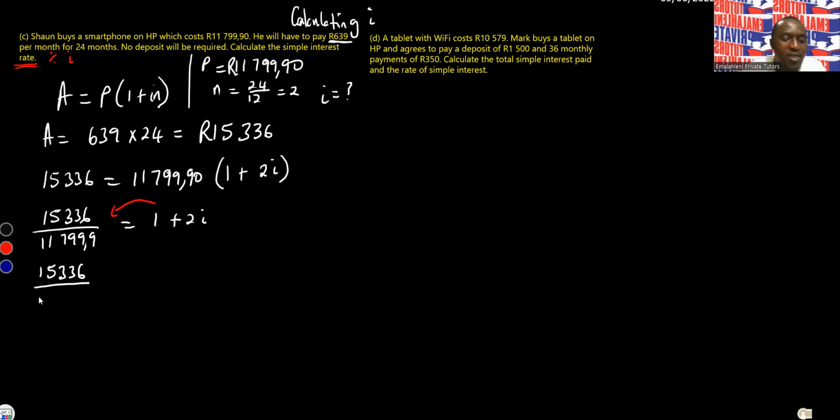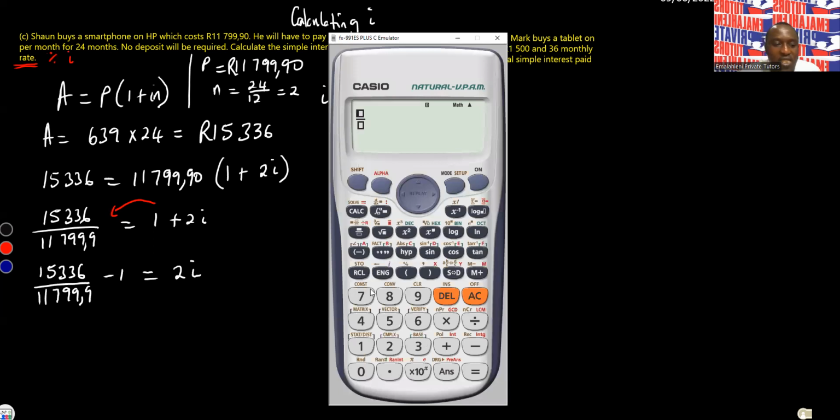Once we deal with the decimals, we are going to round off, and when you round off before you reach the final answer, you will get a wrong answer. So let's write it as it is: 15,336 over 11,799.90, then minus 1.